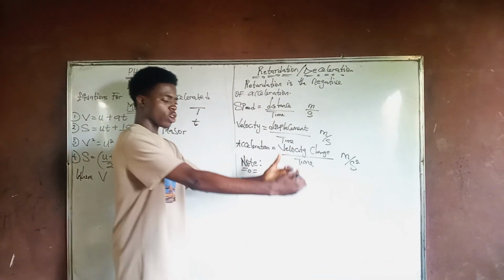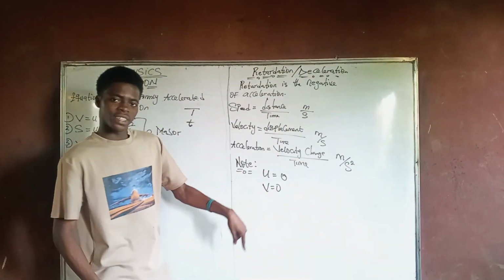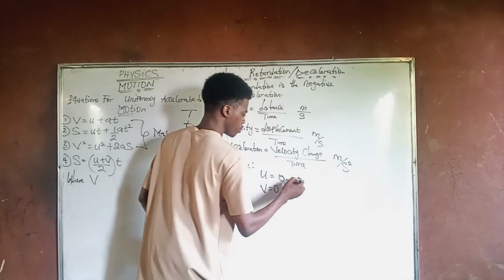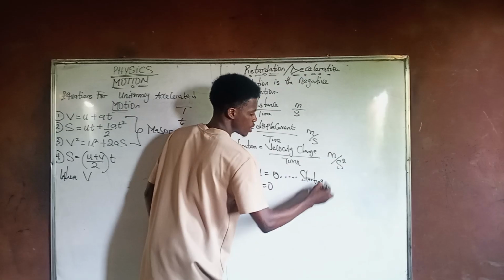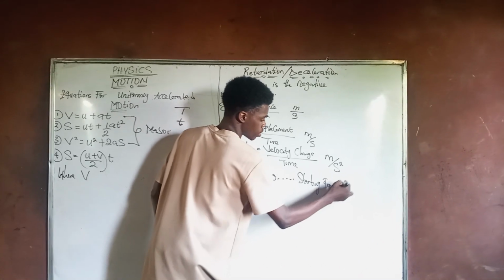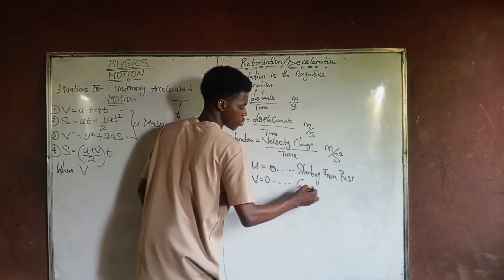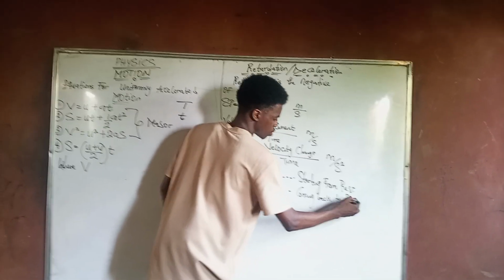But when the body is coming back to rest, the final will be 0, meaning the initial will be greater than 0. For reference: starting from rest, coming back to rest.